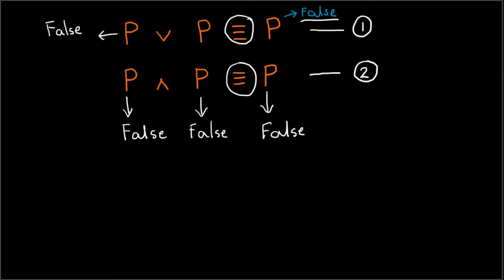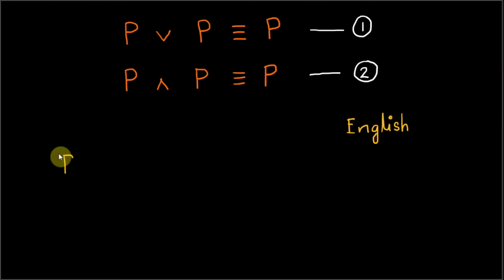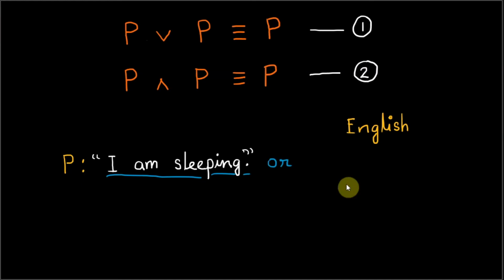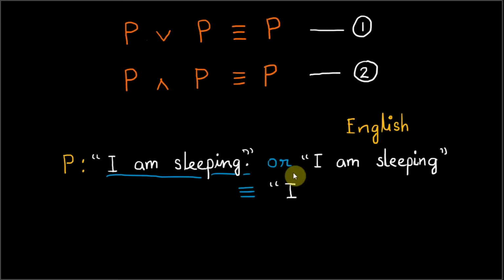Suppose we translate the idempotent law into English. Let P be the statement, I am sleeping. Then I am sleeping or I am sleeping is the compound statement, which is the same as I am sleeping.